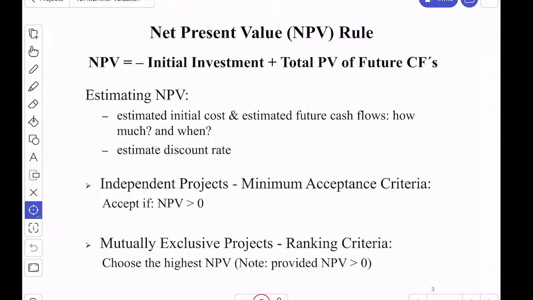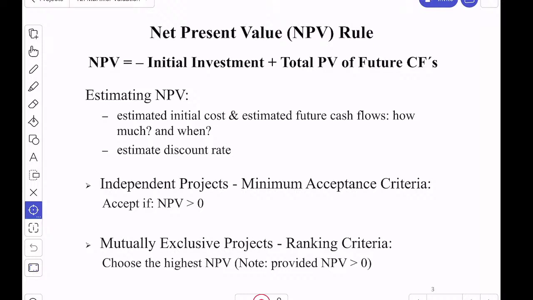And NPV is easy to communicate. If the NPV is positive, we accept the project. It shows that it's a profitable project relative to the expected return in financial markets or any other projects you could be pursuing. And that's accomplished by using a discount rate, which is the required rate of return for this investment or any investment that you would pursue.